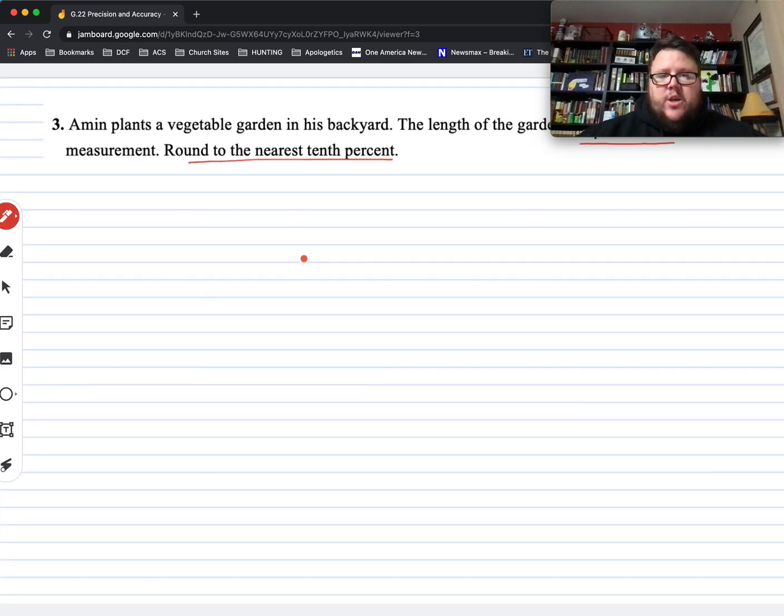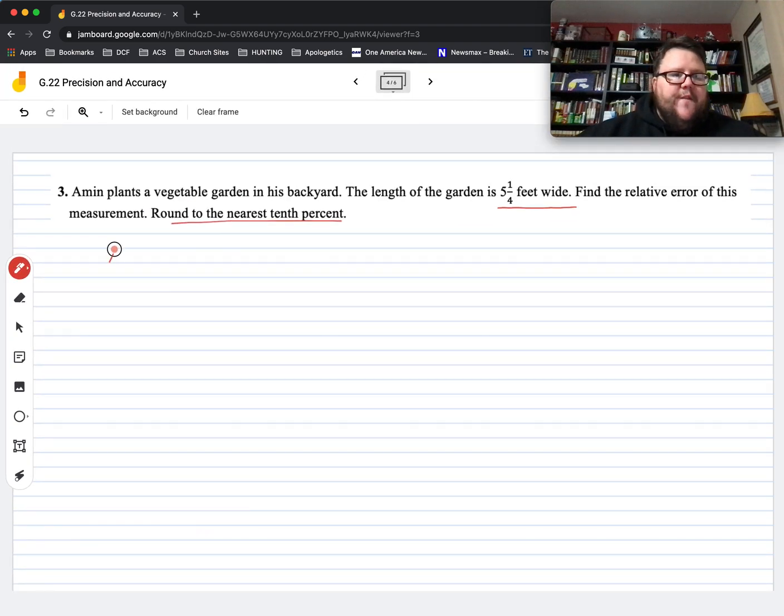So the first thing I'm going to do, just like last time, we're going to find our absolute error first. Absolute error equals, well, they're rounding to the nearest 1/4 foot, so we're going to say 1/4 foot times 1/2, which gives us our absolute error is to the nearest 1/8 feet.